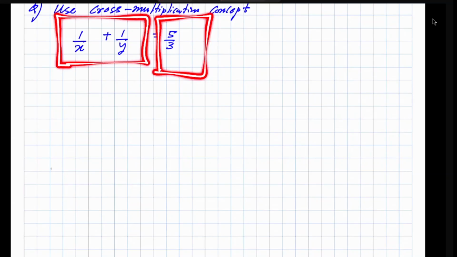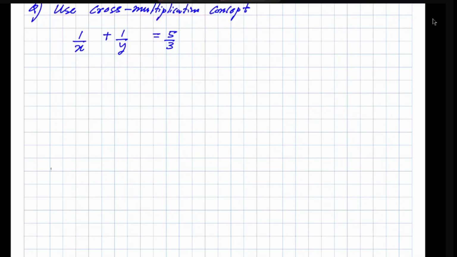So, to do that, you can take the common denominator. So, what is the common denominator? xy is the common denominator. So, you write xy, you put y here, plus you put x here, and that is over xy, equal to 5 divided by 3 here. So, how did you do that? You multiply this by y, top and bottom, you multiply this by x, top and bottom.